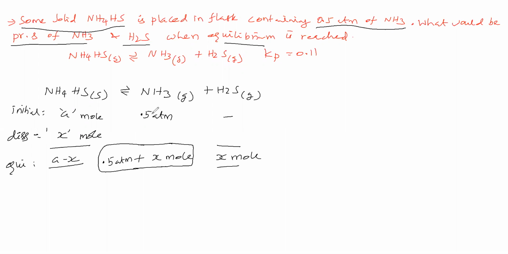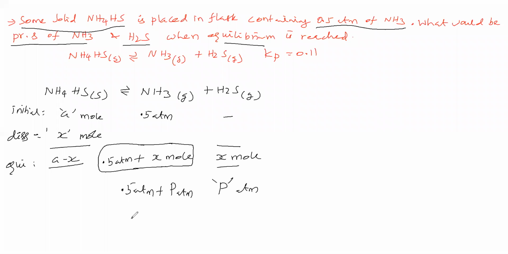Now, suppose the pressure exerted by H2S at equilibrium is P atmosphere. That P atmosphere is exerted by X moles of H2S. Ammonia initially exerts 0.5 atmosphere, and the X moles of ammonia produced will exert P atmosphere.